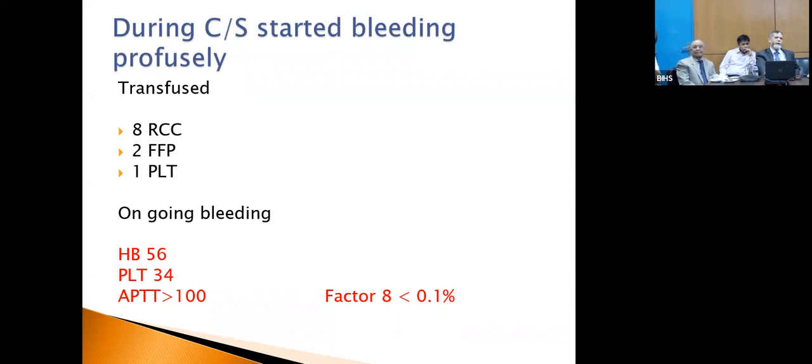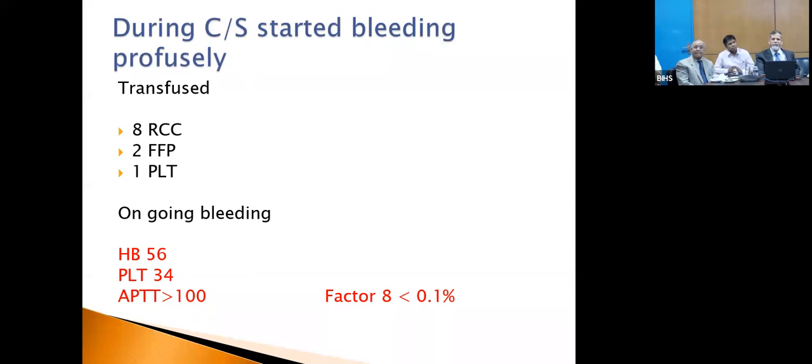What do you think is going on in a patient who was pregnant, had an elective cesarean section, APTT was a bit prolonged, that got overlooked, had a surgery, and then post-surgery the patient started bleeding? You did a clotting test rightfully, and the APTT from 49 went up to 100, and some clever doctor said, okay, let's do a factor 8 assay.